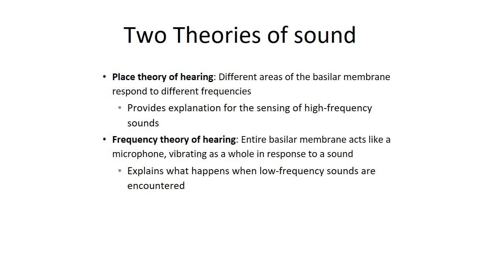And the place theory is based on those different thicknesses that were mentioned earlier along the cochlea, along the basilar membrane. So this theory also falls short as it does not really account well for low frequency sounds.